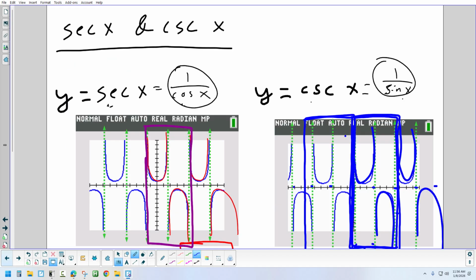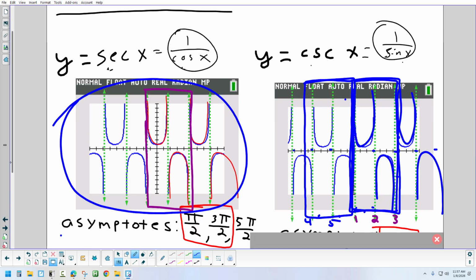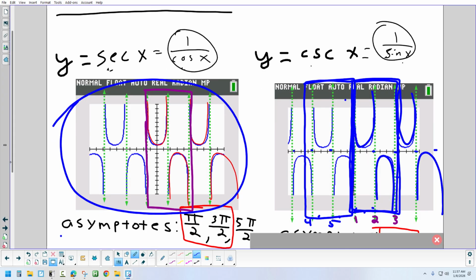What about the domain? How would you describe the domain of this? You can't say all real numbers because there's certain values that are not included. Would you use the n? Well, what values for x are you not allowed to use in that? Yep.